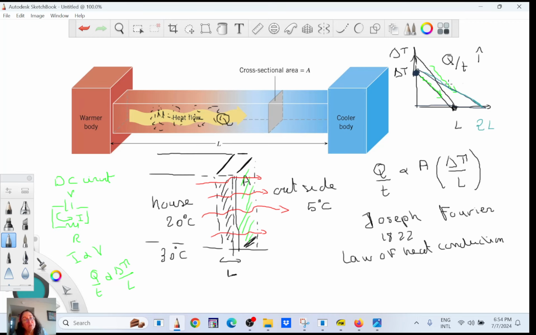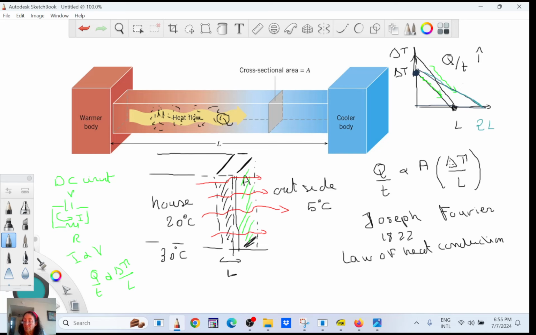You see that the heat is going to move slower. It's easy to understand: if you increase the length the heat has to flow through, of course it's going to be harder to pass on that energy from molecule to molecule. So the rate at which the heat is going to flow is going to be smaller. That rate is inversely proportional to the length and proportional to the gradient.